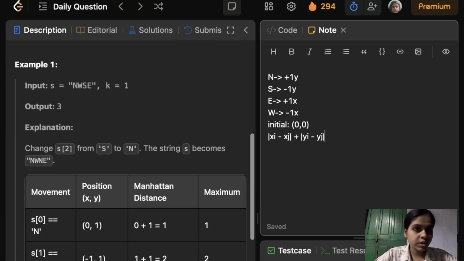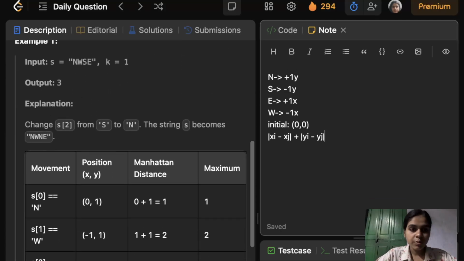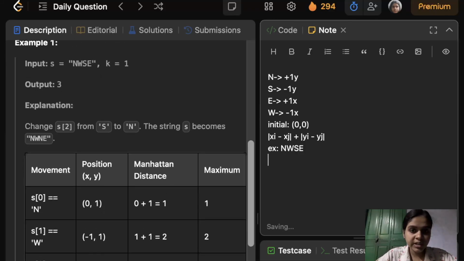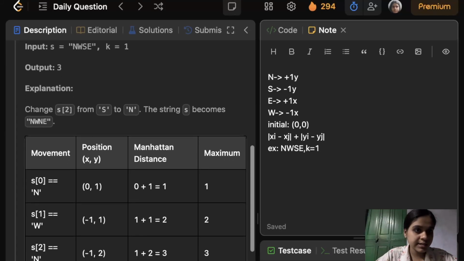So let's look into one of the examples. In this first example we are provided NWSE as our string, and here k is provided as 1. I will explain what k is later, after explaining this example.